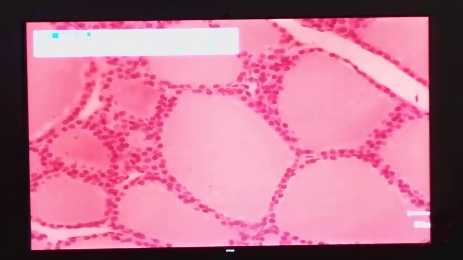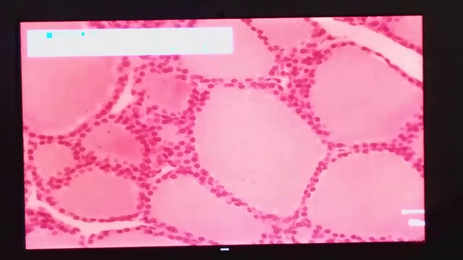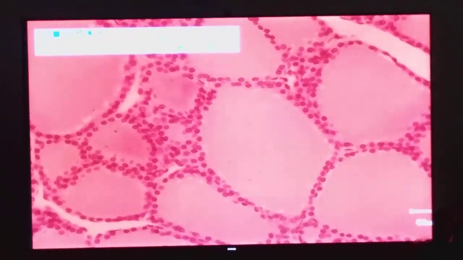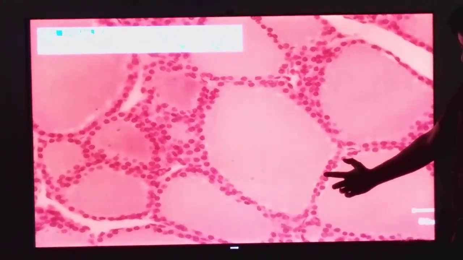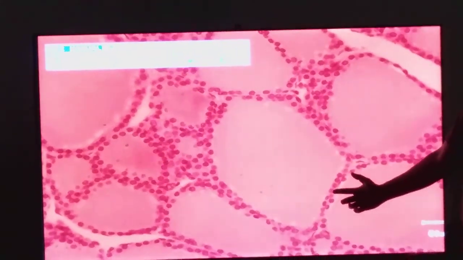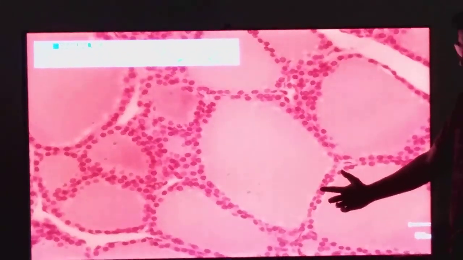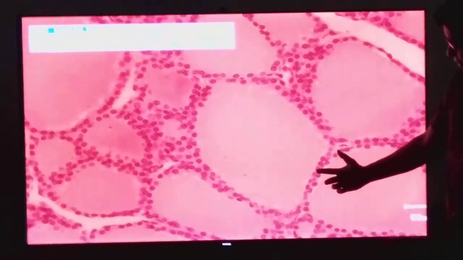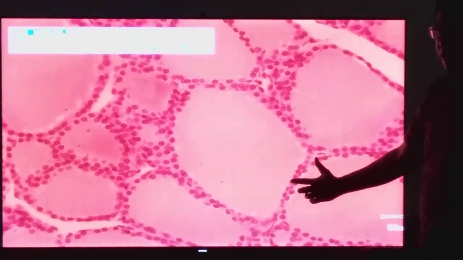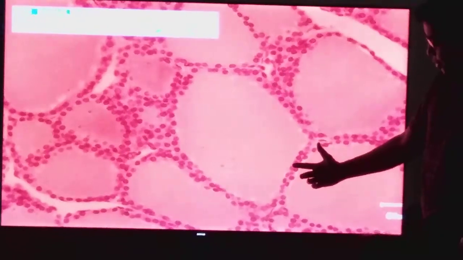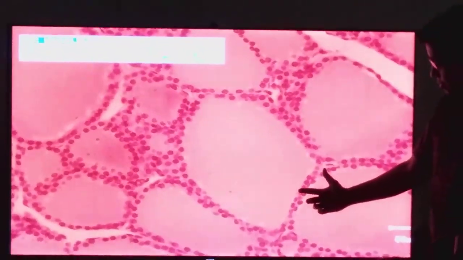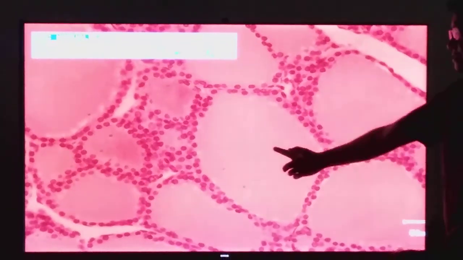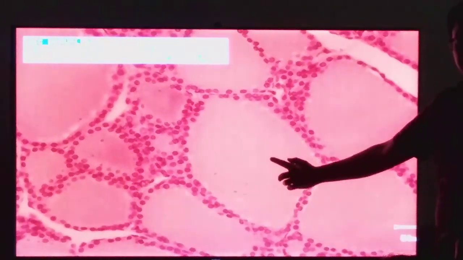Now, for all endocrine glands, the hormones that are produced by the cells are stored in secretory granules inside the cytoplasm of the cells. Unique for the thyroid gland is that after being synthesized, T3 and T4 are incorporated into protein, and then afterwards released as thyroglobulin, the storage form of T3 and T4.